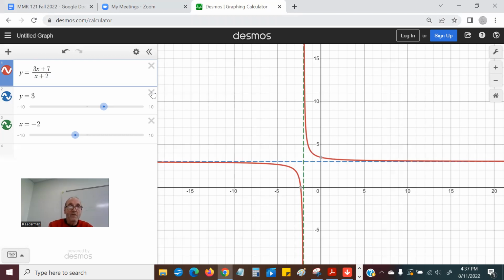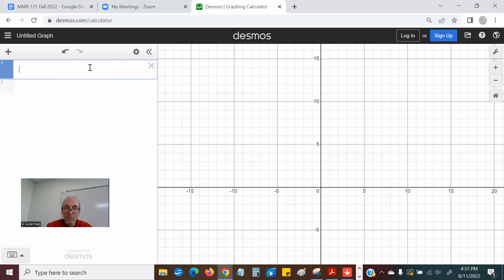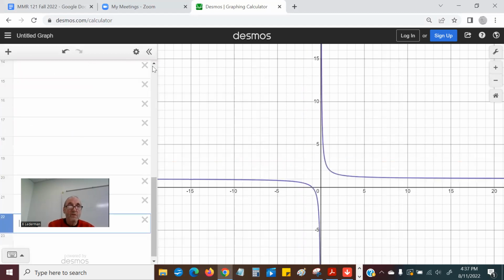Let's get rid of this for a second. So we have y equals, I'm going to make a fraction here, ax plus b over cx, oops, what's this here?